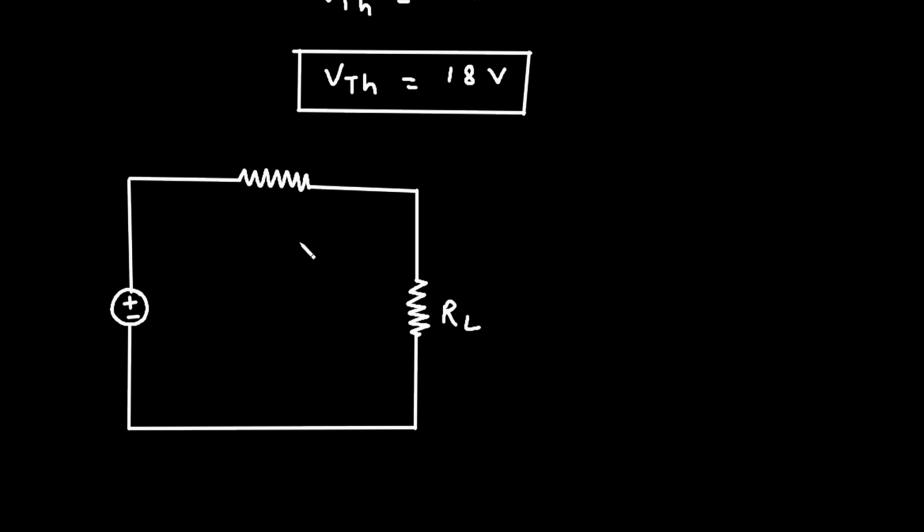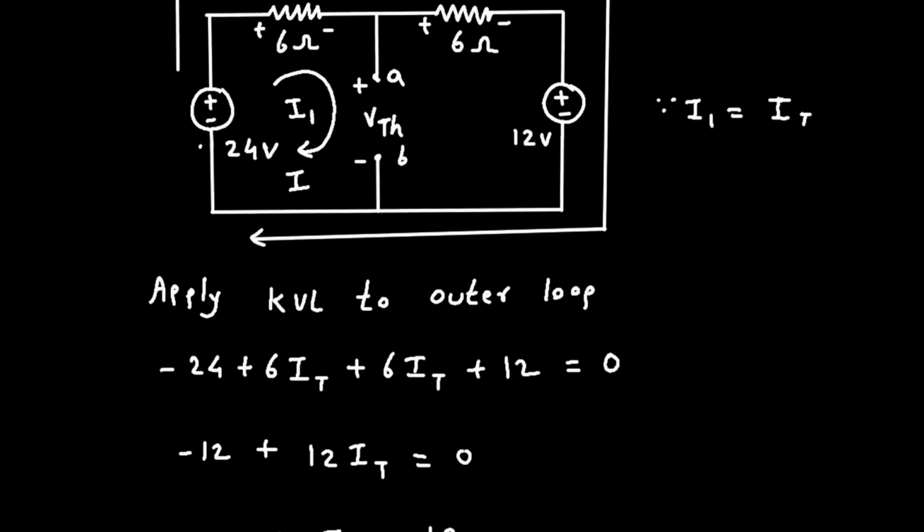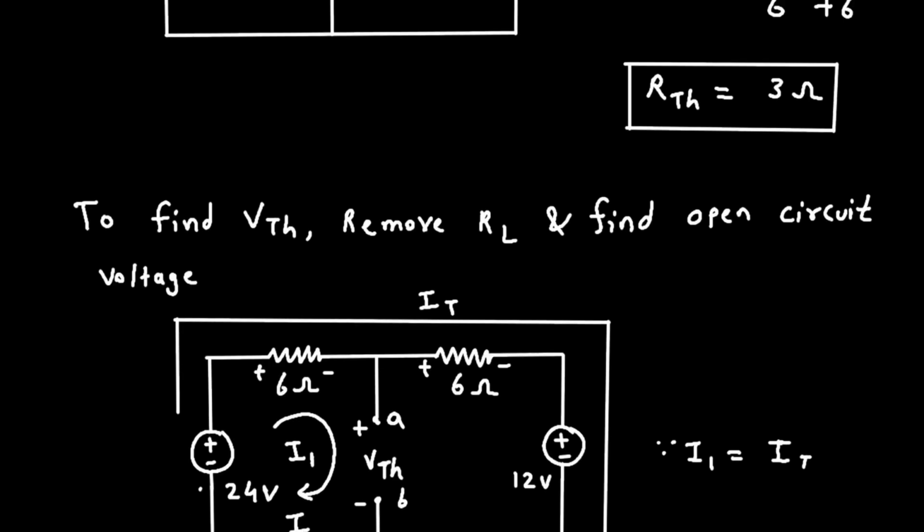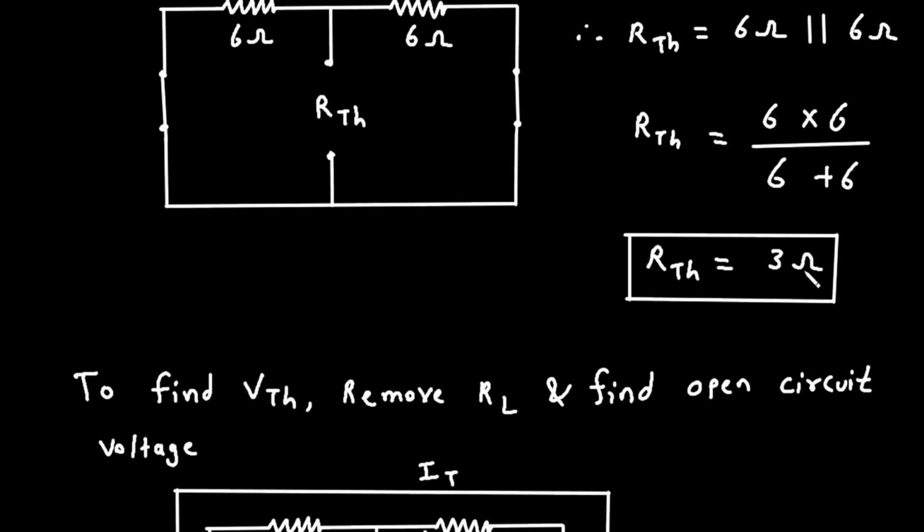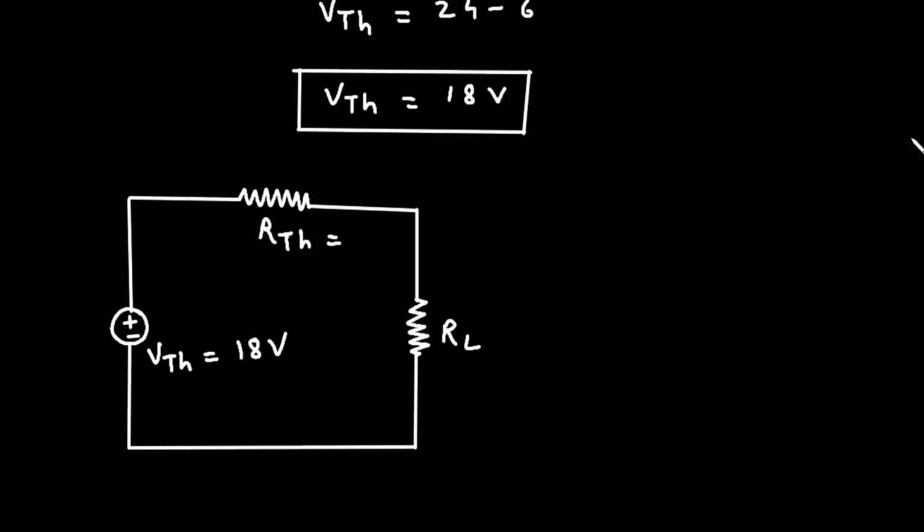This is load resistor RL, this is RTH and this is VTH. VTH is equal to 18 volt, RTH is equal to 3 ohm.